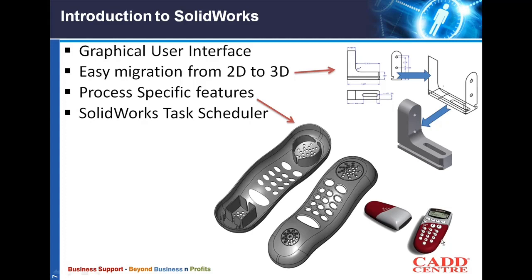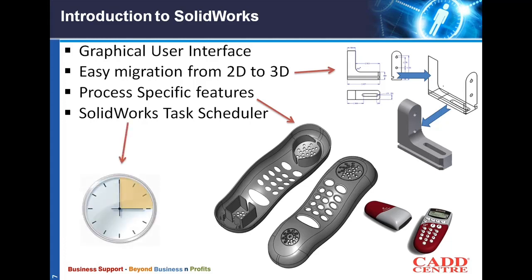And here you can see the shape has a lip, a provision to assemble two components. To create these types of plastic components, we require some specific features which you don't need to create from scratch. You can just call the feature and place it there. This is what we call process specific features.